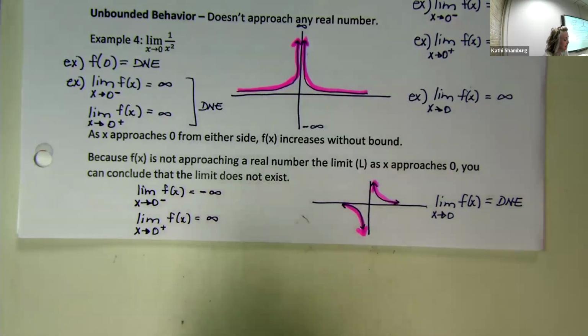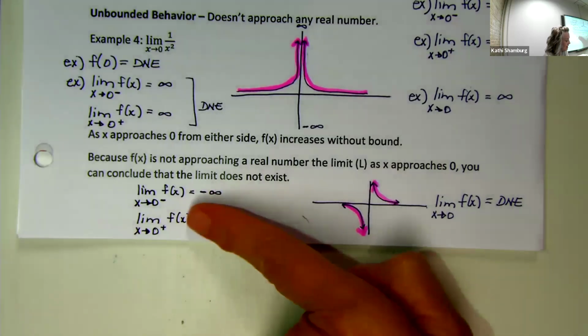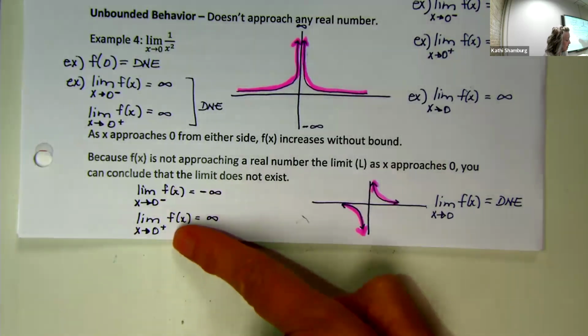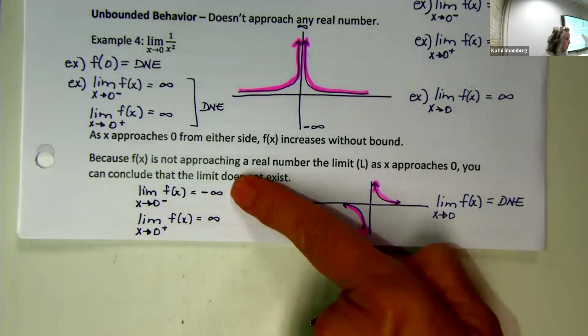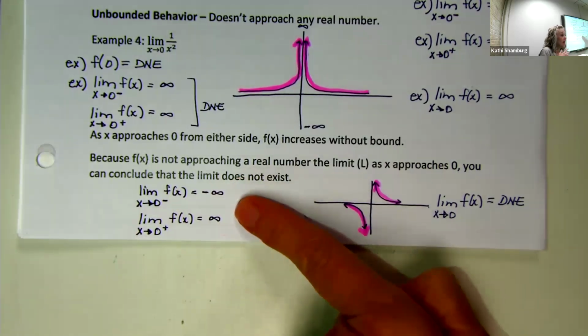So in this case, if I did from the left and from the right, technically it is approaching positive infinity and negative infinity. That means it doesn't exist, but WebAssign may want you to put in infinity. If you answered infinity on my quiz or my test, you're going to get credit for it.